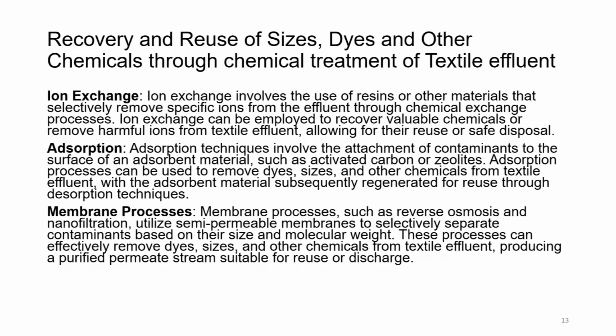So, these membrane technologies are also very effective. Why? Because they remove the unwanted substances, and the permeate stream is actually reusable directly, or it can be discharged into water bodies.